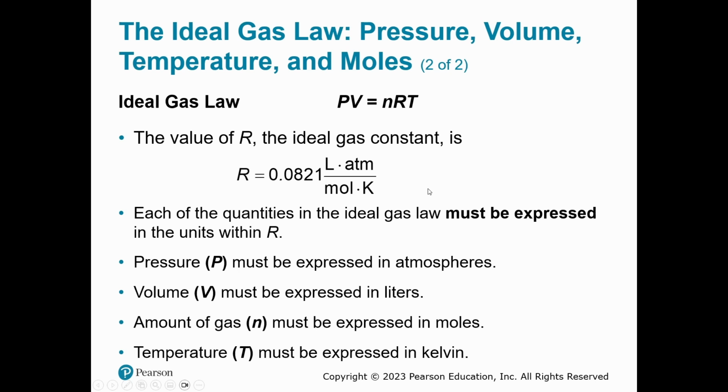If you want to switch it to liters, bar, atoms, Fahrenheit, you can. That would be really awkward and not very conducive to communicating science, but you could absolutely communicate it however you want. This is how you're going to have to communicate gas calculations. So be familiar with liters, atmospheres, moles, and Kelvin. We already mentioned what all these variables are, but there they are down below.